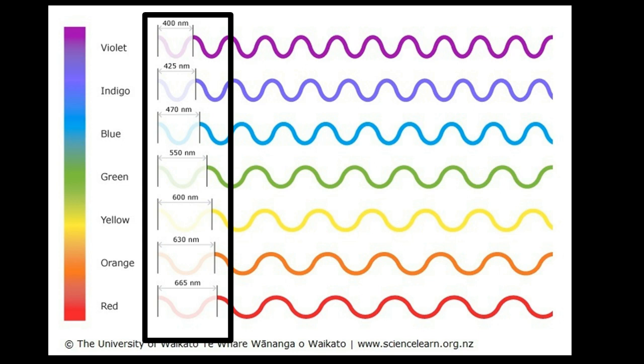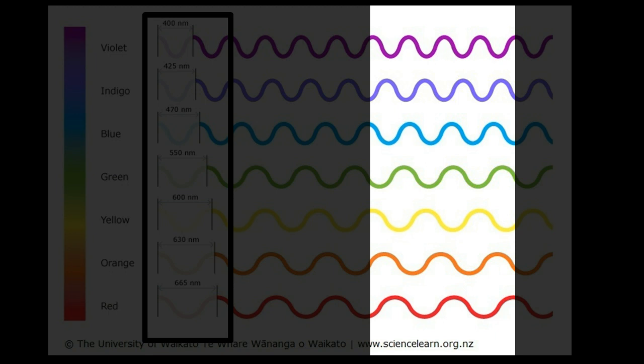And the idea here is that the shorter the wavelength, like for violet, the more waves that can pass per second. So if we isolate the violet and we isolate the red and we just focus on those two, you can see that there's a lot more waves in that section of white.